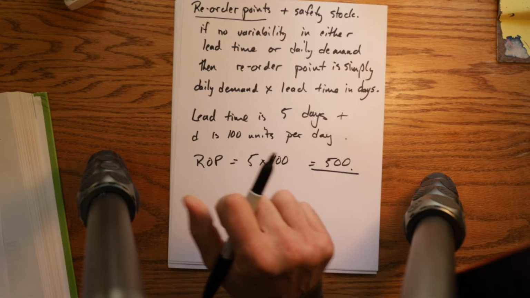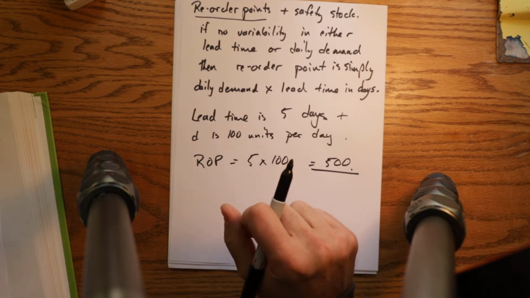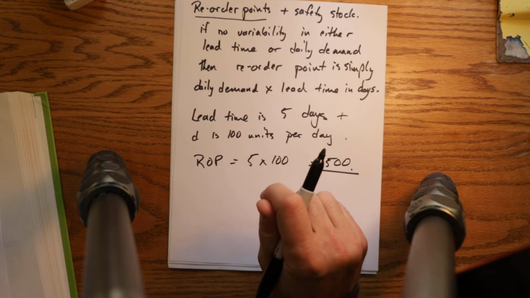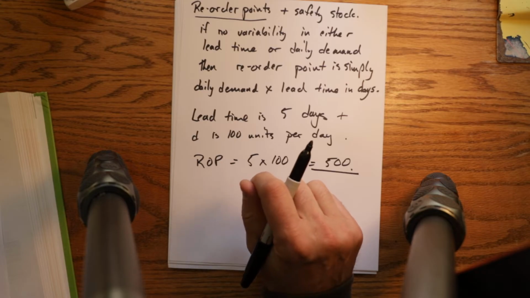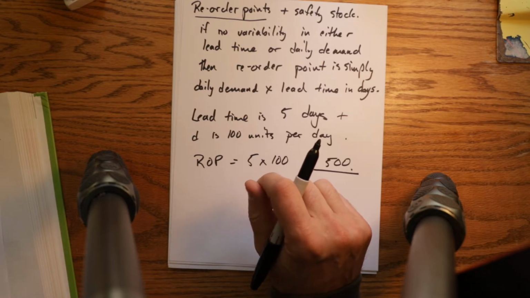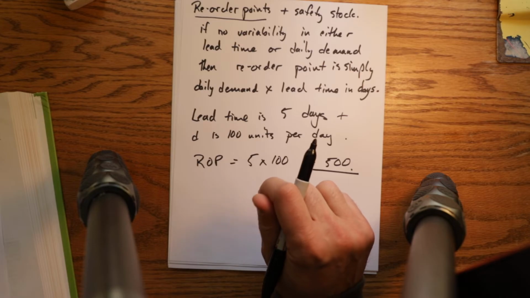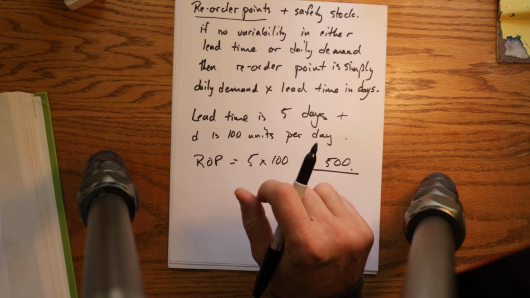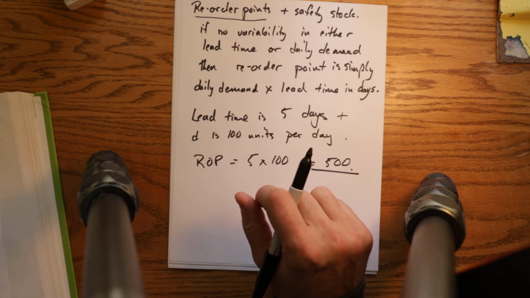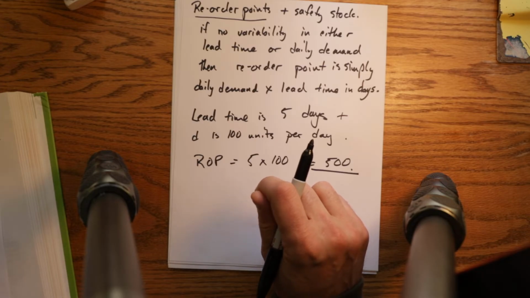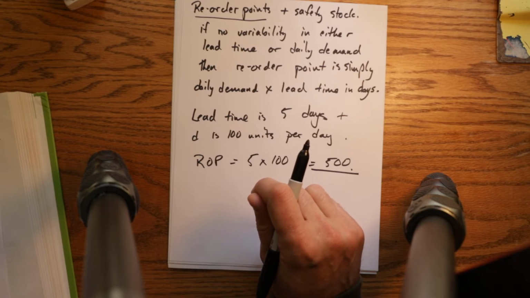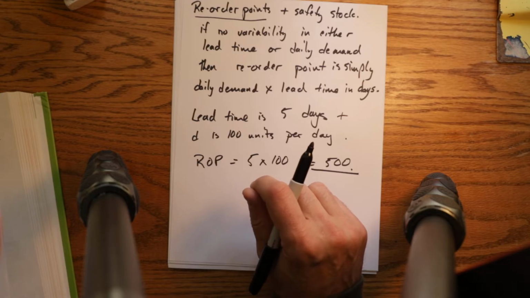Reorder point is the inventory level at which you reorder, right? So if there's no variability, if you have 500 units left, it takes 5 days to get something, then you use 100 units a day. You have 5 days till your next order comes in. When your inventory hits 500, you order again.